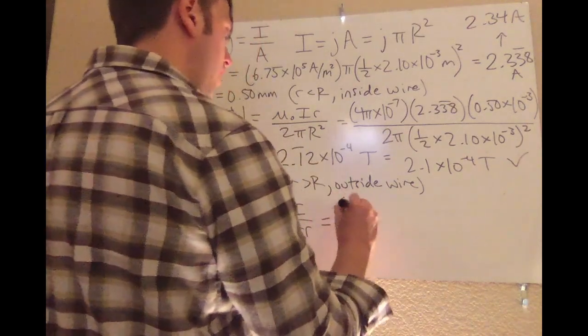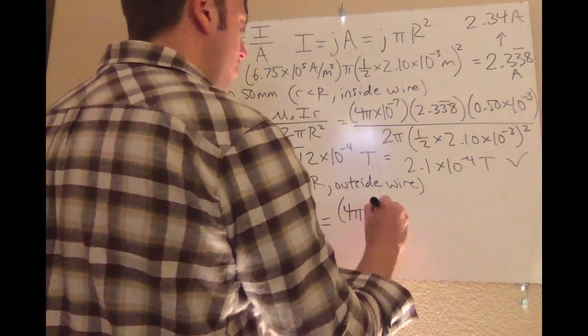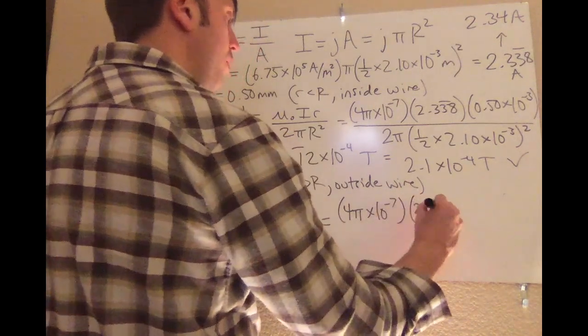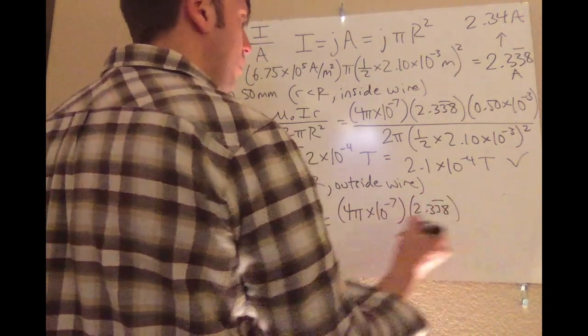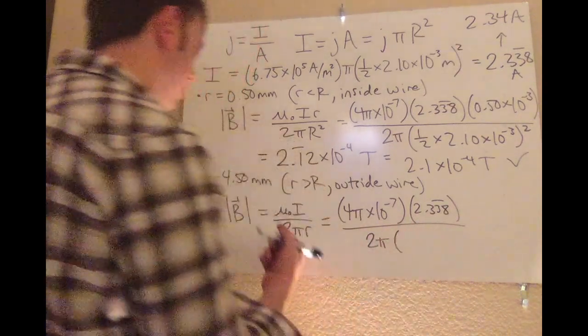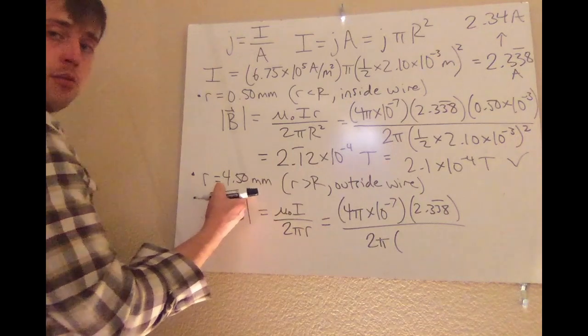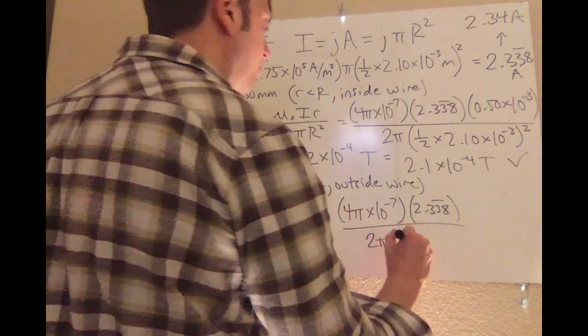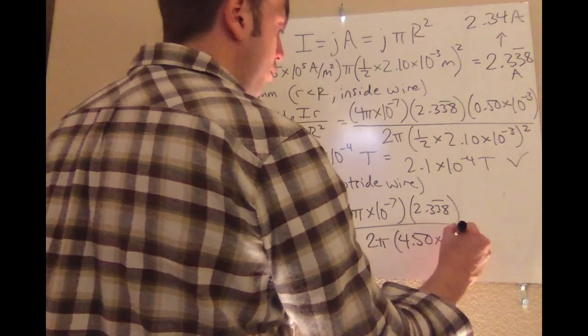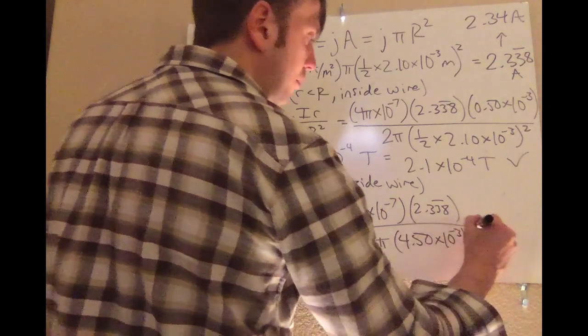We have, again, 4 pi 10 to the minus 7 for mu naught, 2.338 for the current. On the bottom, we have 2 pi. And we need to put in this number, which tells us how far from the center we are: 4.50 millimeters, or 10 to the minus 3 meters.